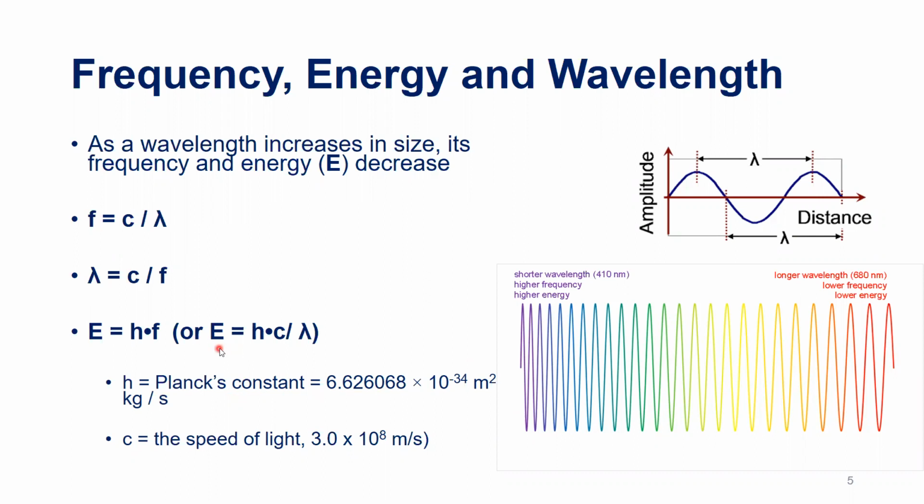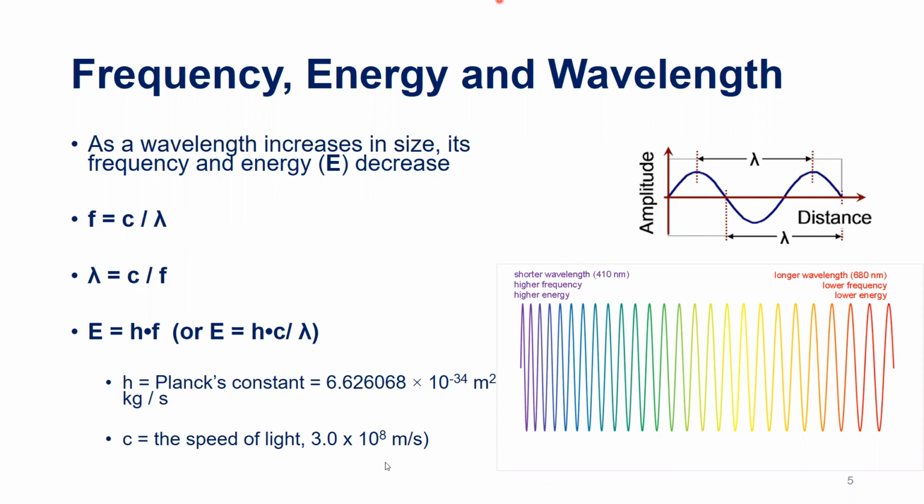Or we can also write energy E equals h times c over lambda, just plugging in the value of frequency. And c is your speed of light, the speed at which the EM wave propagates into space, which is given by this constant.